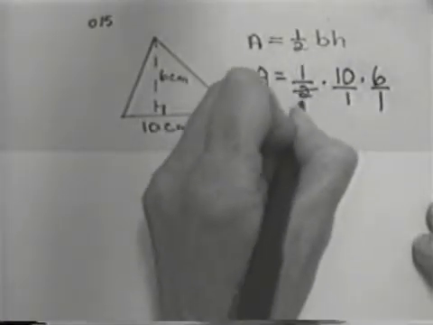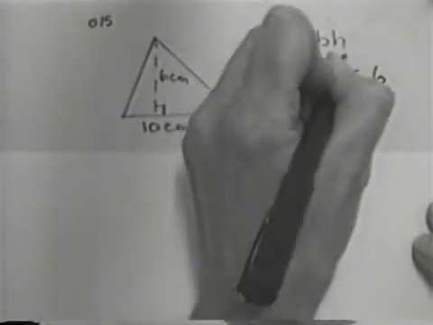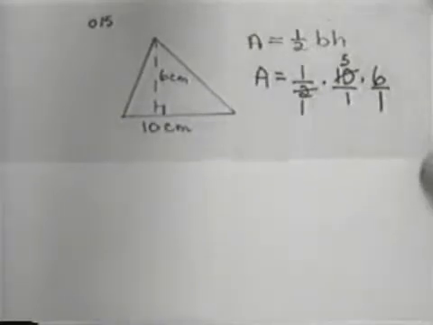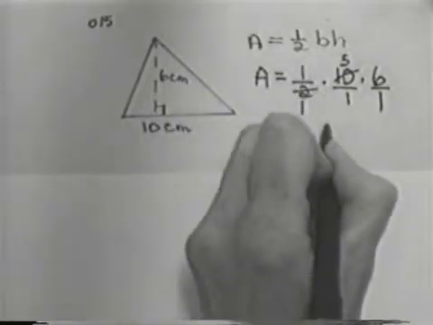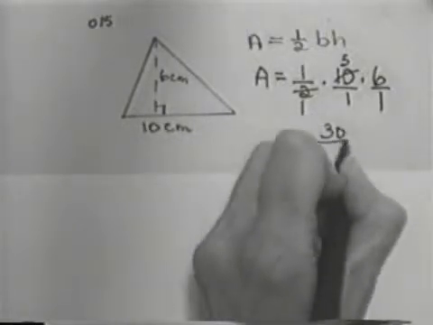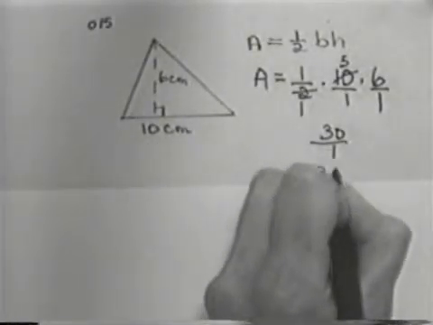Since I've got the 1/2 there, I'm going to treat everything like fractions, and I can reduce 2 into 2 one time, 2 into 10 5 times. So if I multiply straight across, I get 30 over 1, which will reduce to 30.